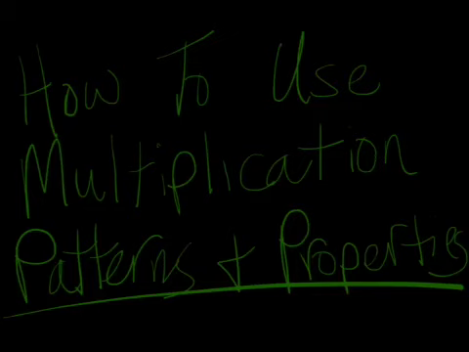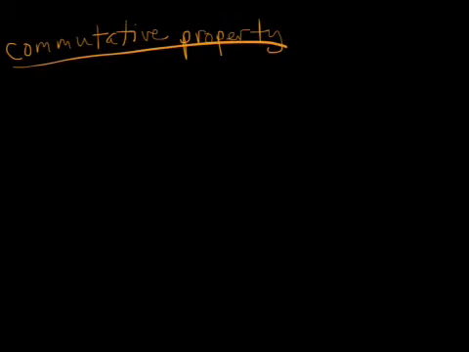Today's lesson is how to use multiplication patterns and properties, adding on to our notes from class. You should have in your notes that the commutative property of multiplication means that you can change the order of the factors and still get the right answer or product.